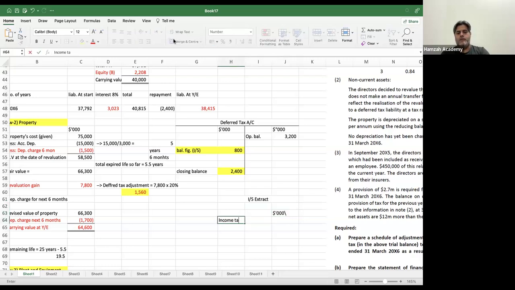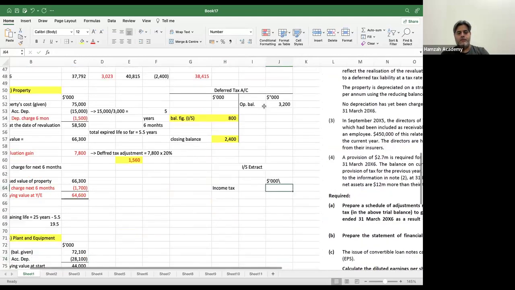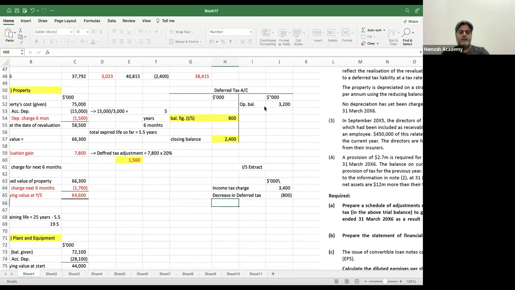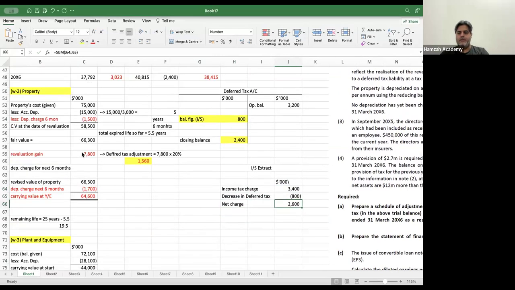We have the income tax charge of 3,400. Then we have the decrease in deferred tax of 800. So the net charge is 2,600, is what we are going to have over here, right?